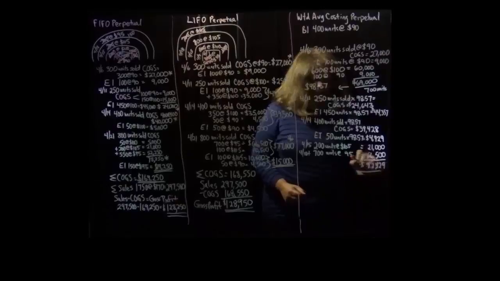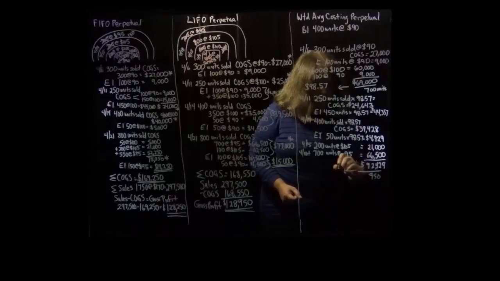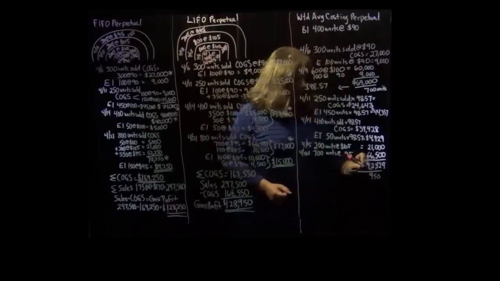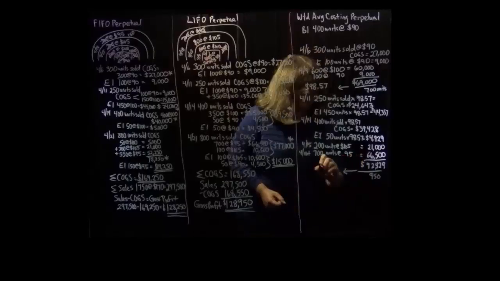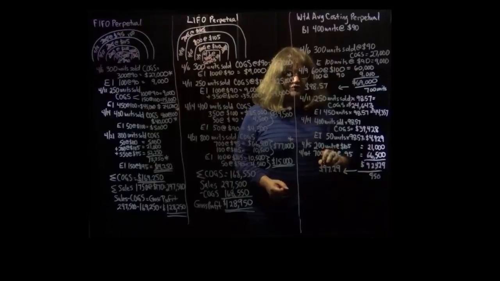That was for a total number of units of 950. And if we divide the 92,429 by the 950, we get $97.29 as our new weighted average unit cost to apply to future sales.